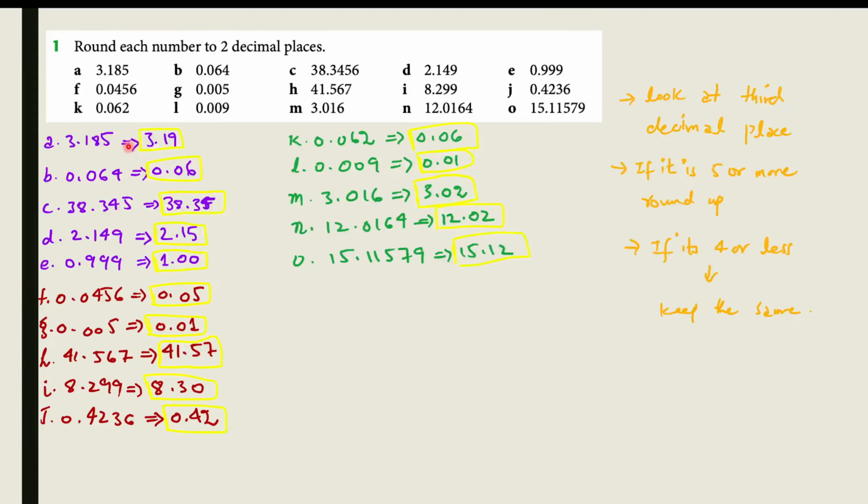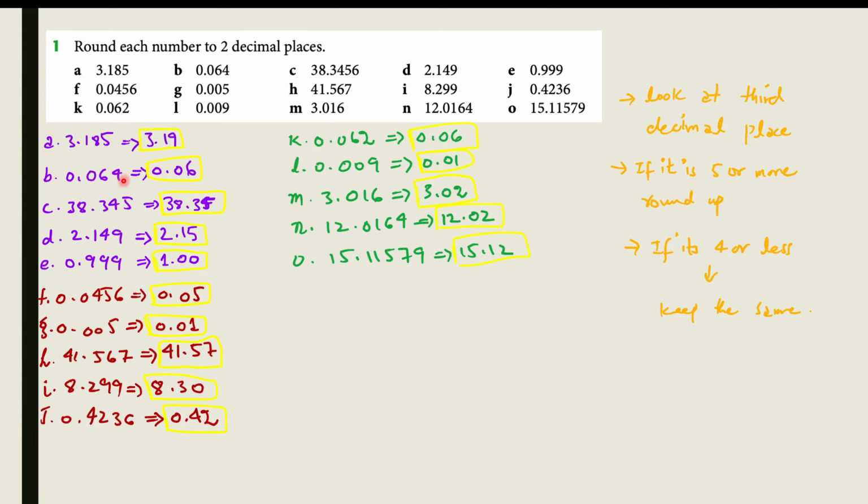After making the adjustment, we remove all the digits after the second decimal place, because they are no longer needed. The second one, as you can see in here, 0.064. So we look at the third decimal place, which is 4.